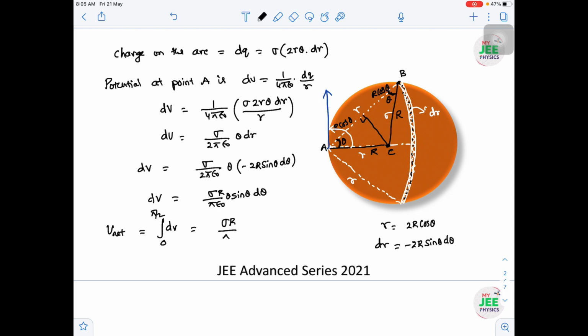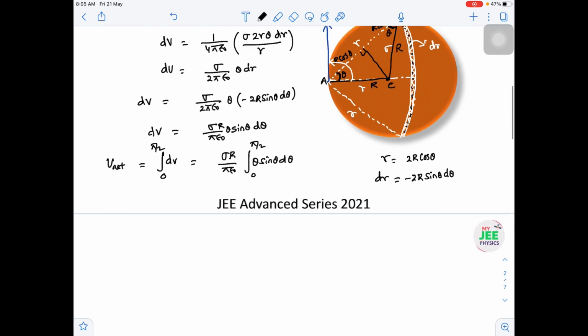So sigma R by pi epsilon naught, integral theta sin theta d theta from 0 to pi by 2. So how to solve this integration? This is theta sin theta, the u into v method, which in mathematics you have done.